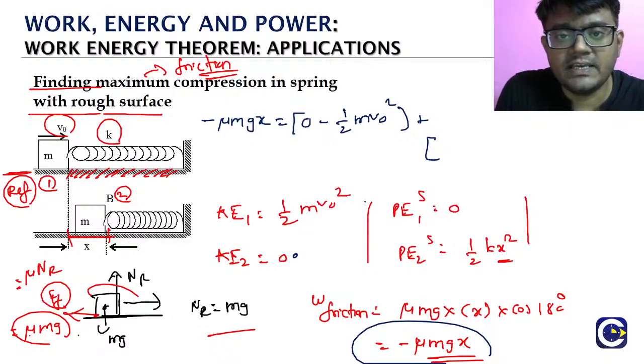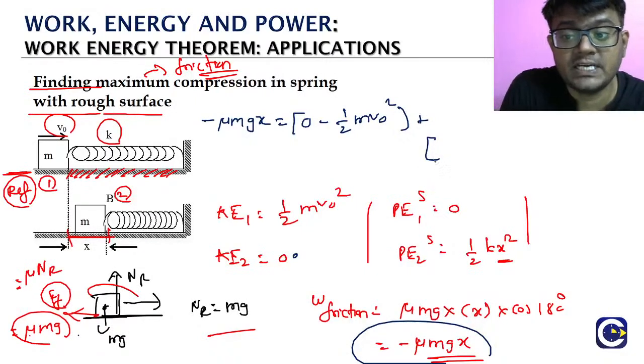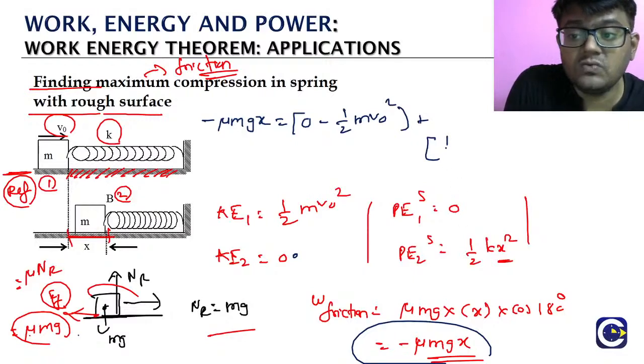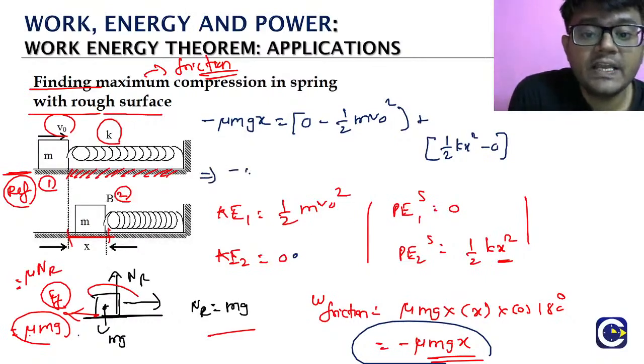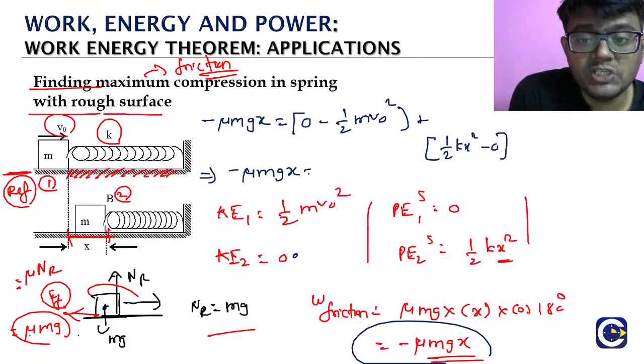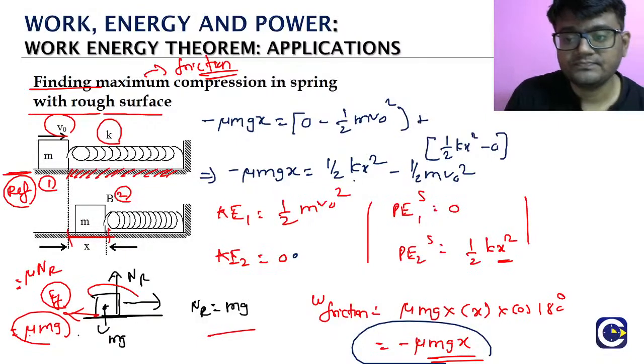The potential energy here is only spring potential energy, final value minus initial value. So the equation we finally get is minus mu mg x equals half k x squared minus half m v naught squared.